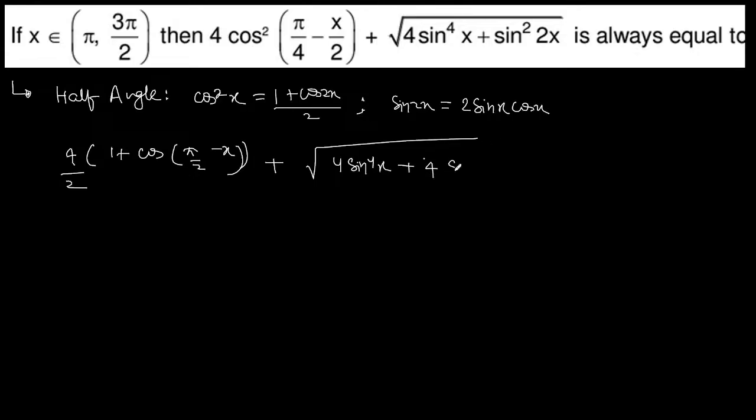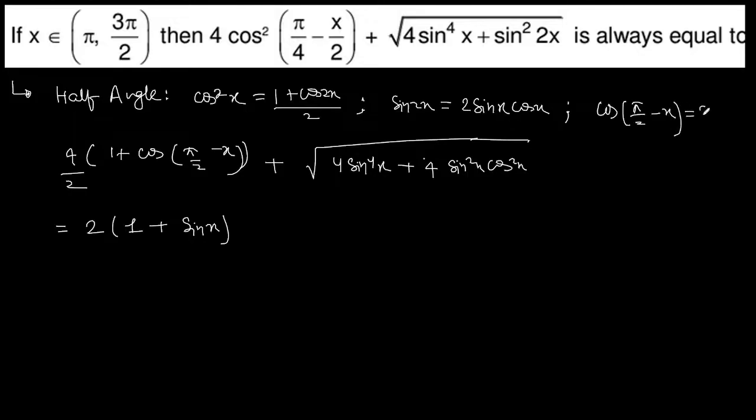This is 4 sin square x cos square x. This is 2 times 1 plus cos of pi by 2 minus x, which is nothing but sin x. So we will study this further. Right, cos of pi by 2 minus x is sin x.